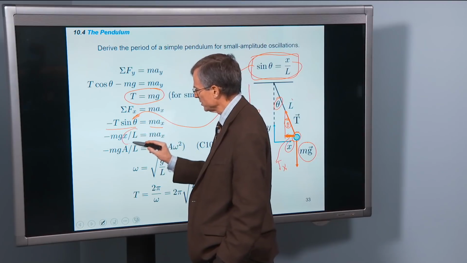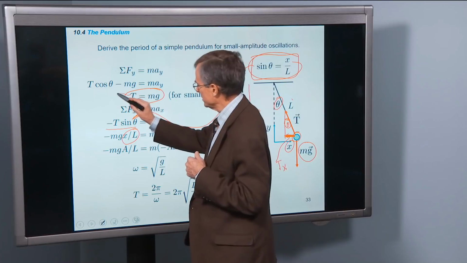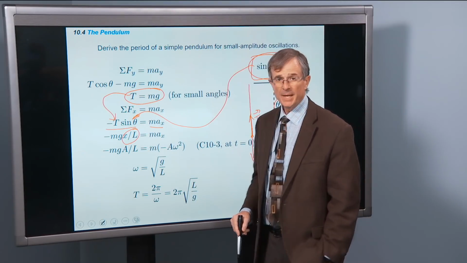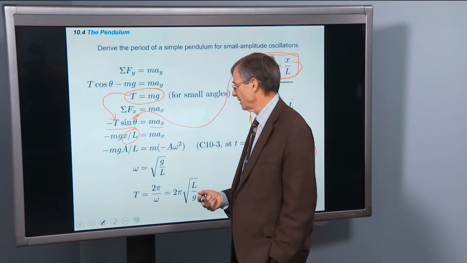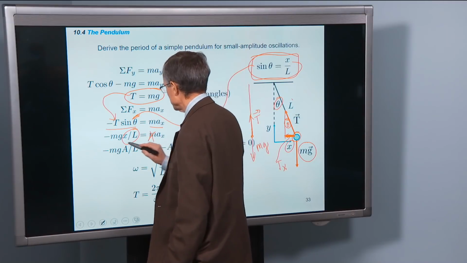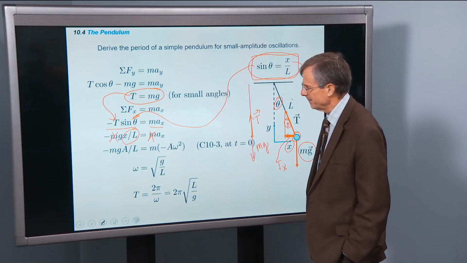So now I've got x over L instead of sine theta. I'm going to substitute this T into here. T is mg. And now some approximations and miracles start to happen. The mass cancels out.